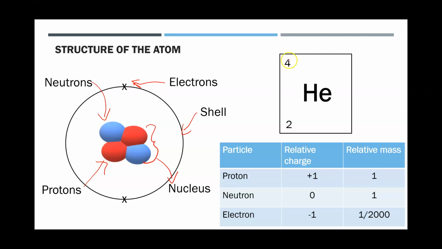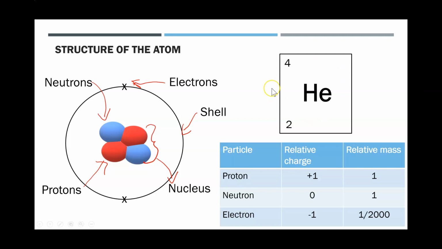So we know that the mass number is 4. So the bottom number is just the protons, and the top number is the protons and the neutrons together. So what is in the nucleus, basically. Now, the electrons, remember, that's also covered by this number because they're the same number.